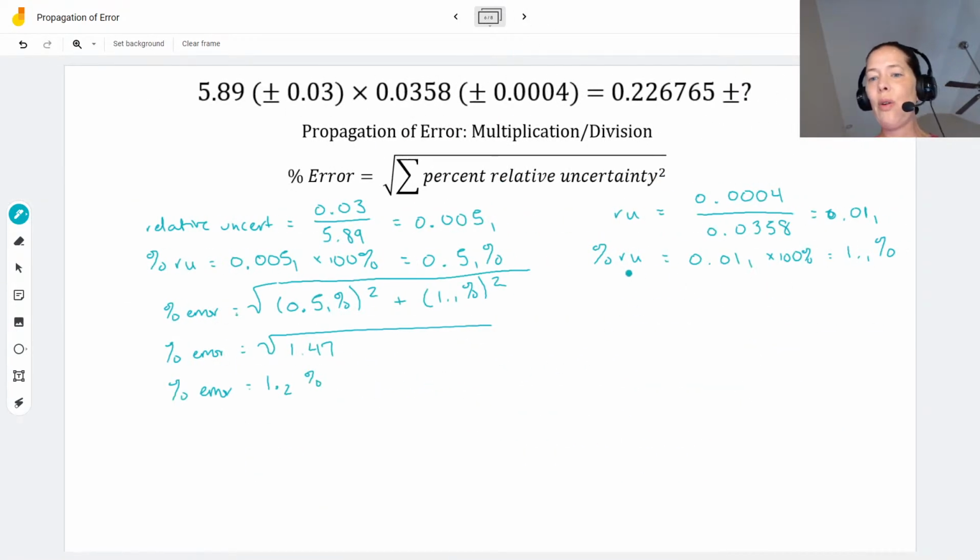All right, so here is our percent relative uncertainty. What we first want to do is, instead of multiplying by 100, divide by 100.